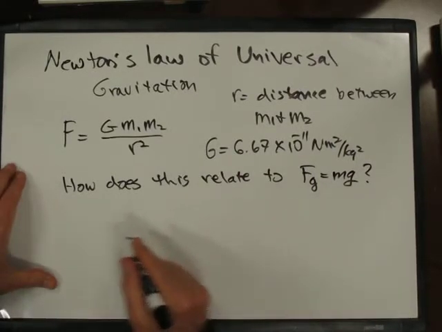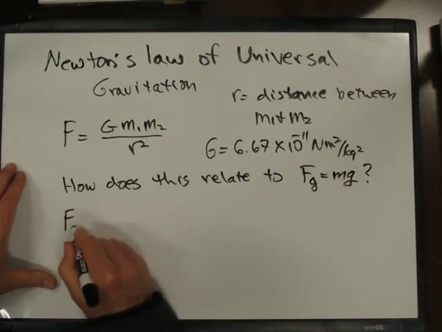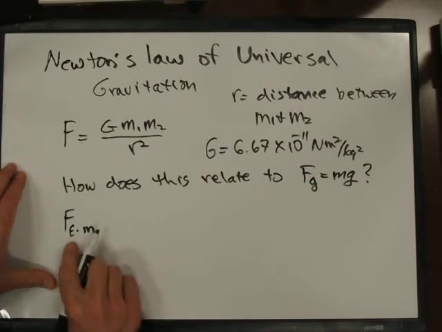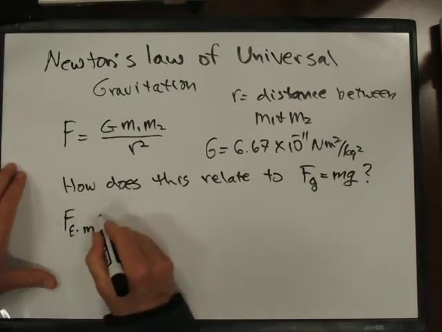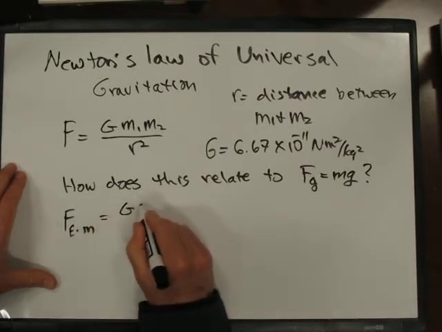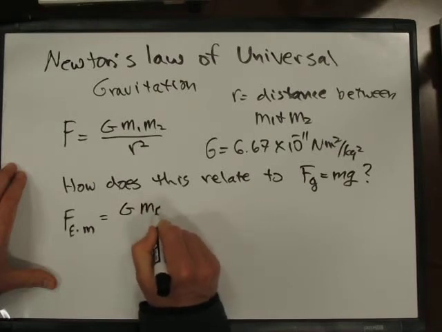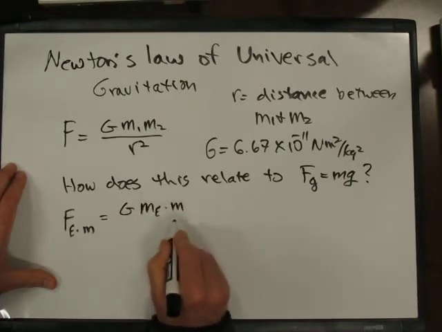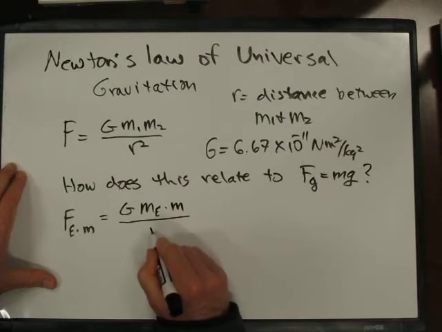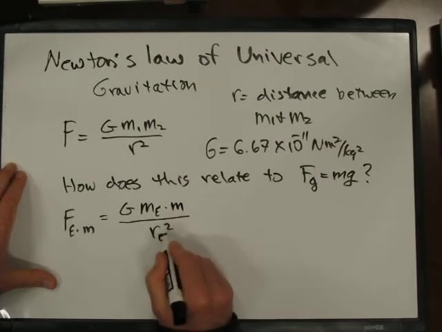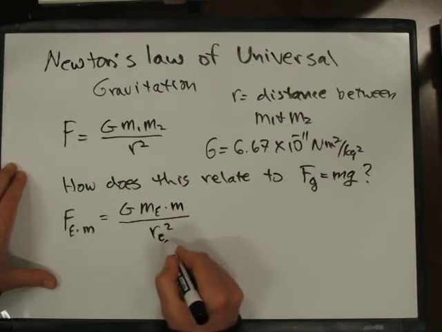And the answer is, well, if you want to know the force due to the Earth on some mass, like that, that's just G times the mass of the Earth times the mass of that object, whatever it is, divided by the radius of the Earth squared, assuming the object is sitting on or near the surface of the Earth, right?